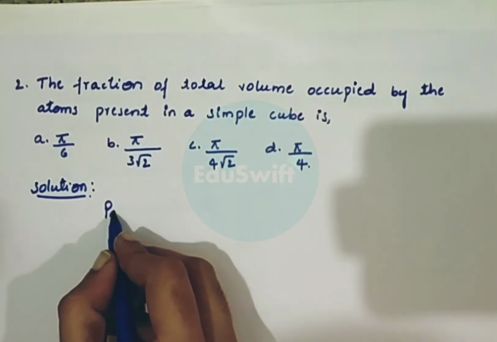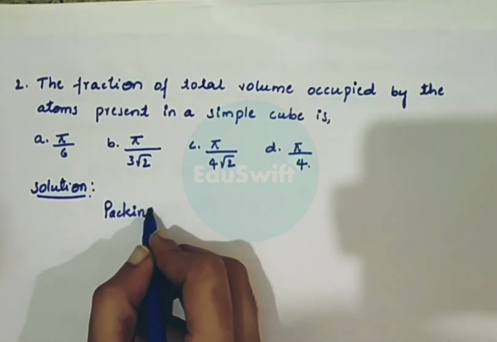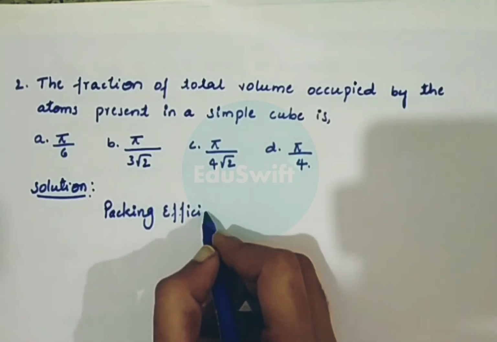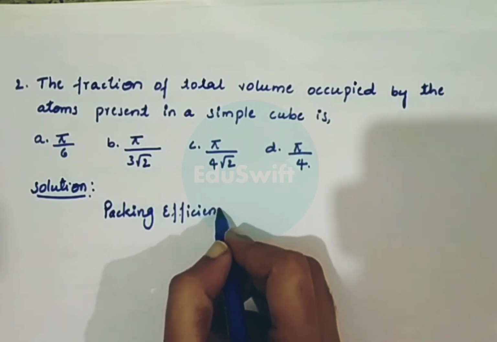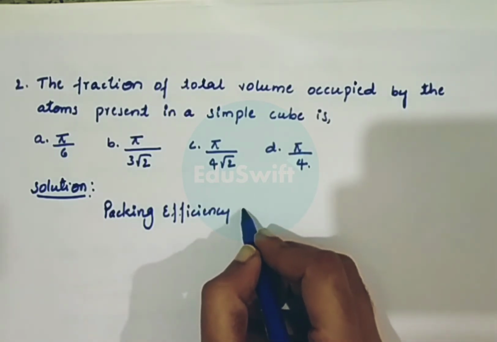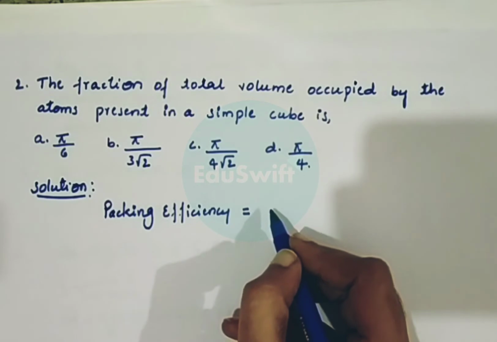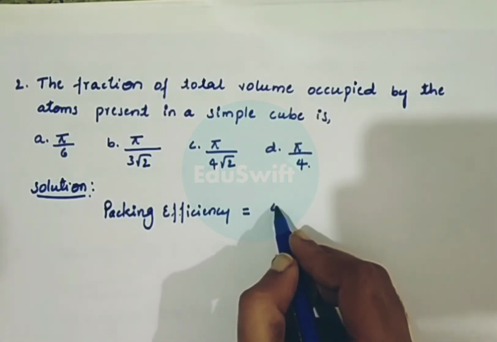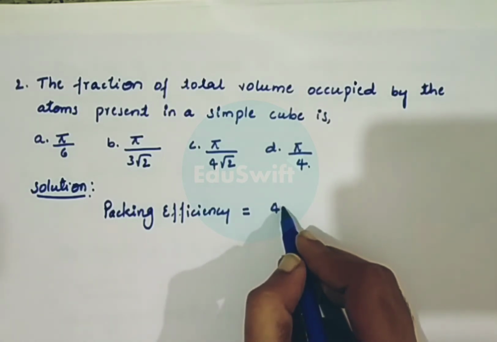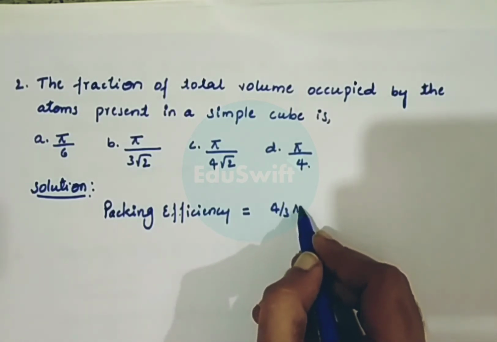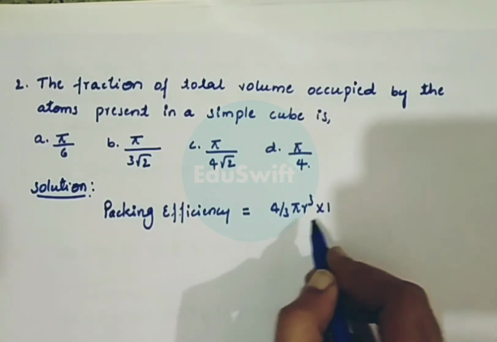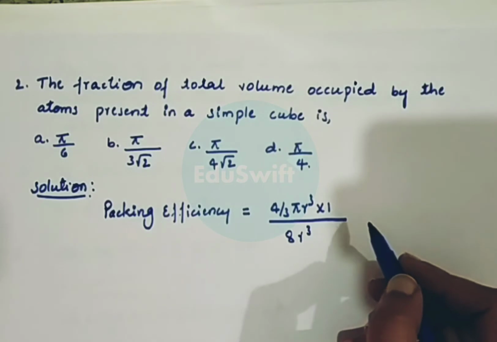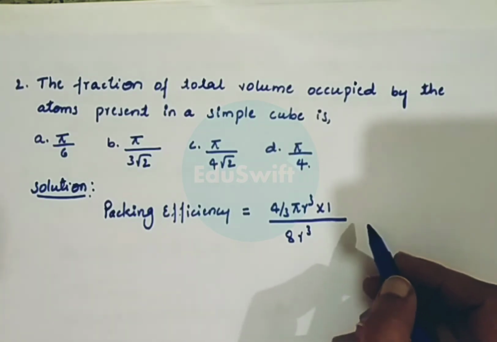We have a standard formula to calculate packing efficiency, which equals the volume occupied by the spheres in the unit cell divided by the total volume of the unit cell into 100. Here the volume occupied by the sphere is 4 by 3 pi r cube into 1, because the number of particles per unit cell is 1, divided by the total volume, which is 8r cube, into 100.